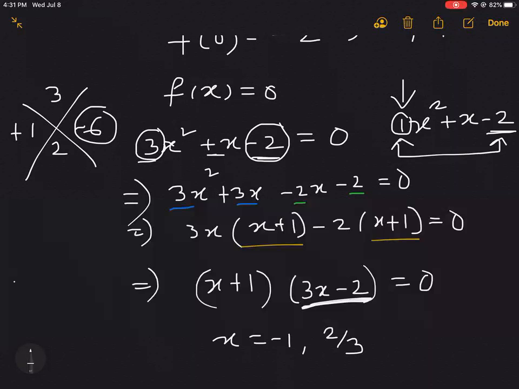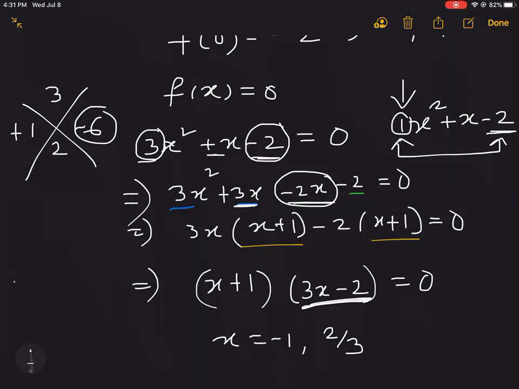Shouldn't the 2 be negative because 3 minus 2 is +1? 3 times -2 is -6. Yeah, I have taken -2 here. That's the positive 3x, the negative 2x.